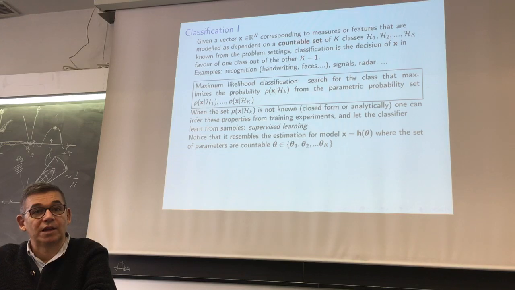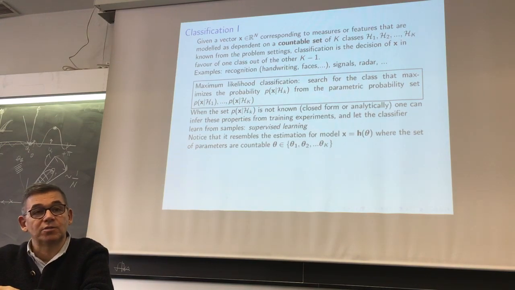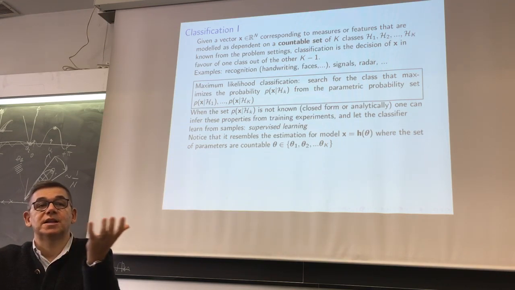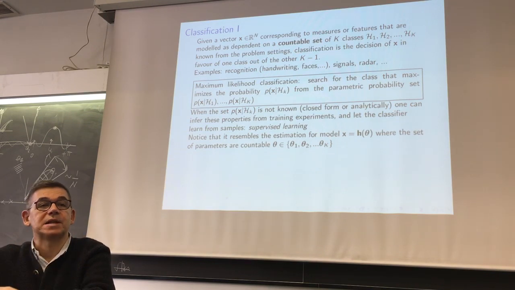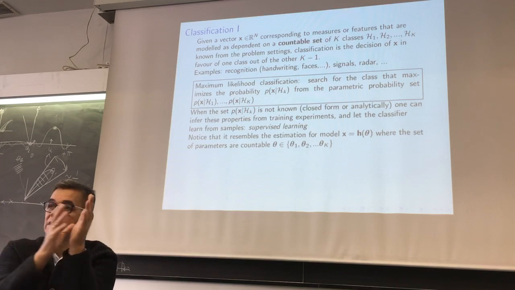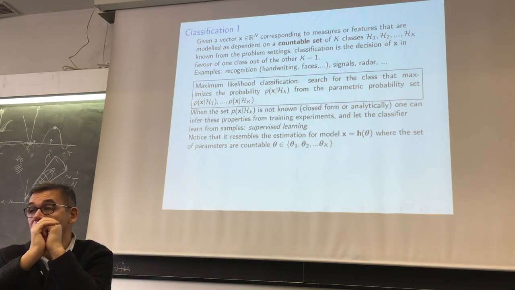You write A, B, C by hand, and you need to recognize which class the set of pixels representing a letter belongs to. So I have the letter A with a certain number of pixels, and these pixels belong to a specific class.